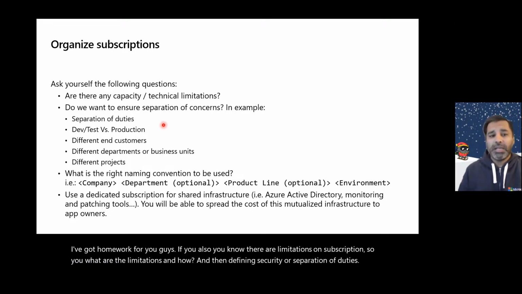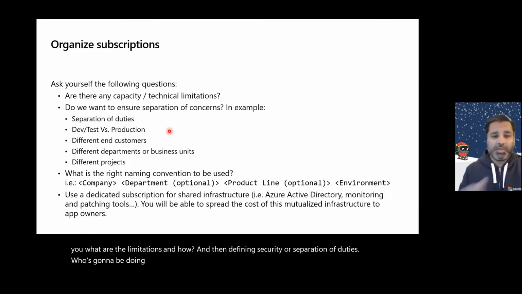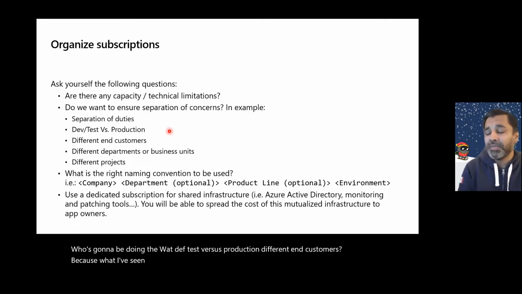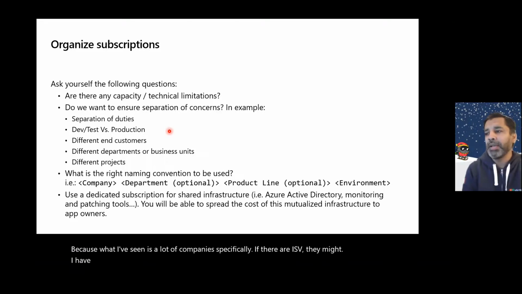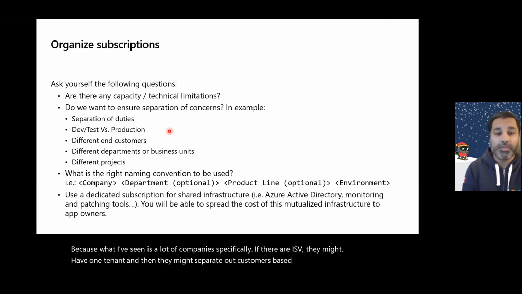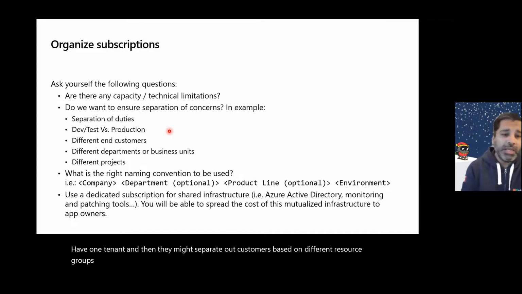Who's going to be doing what? Dev, test versus production, different end customers. What I've seen is a lot of companies, specifically if they're an ISV, might have one tenant and then separate out customers based on different resource groups or subscriptions. So it really depends on how you want to do it.